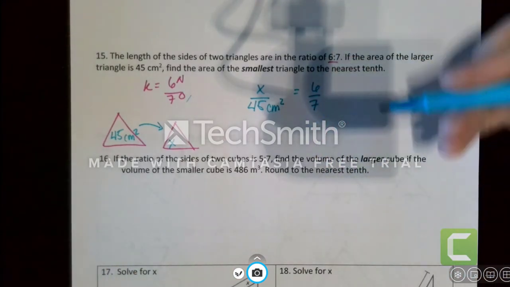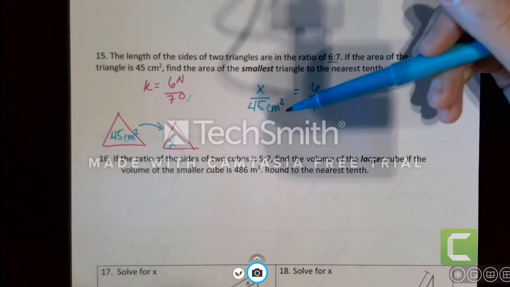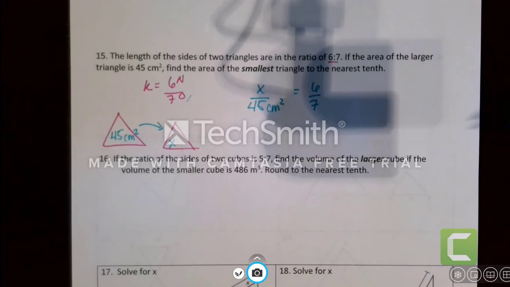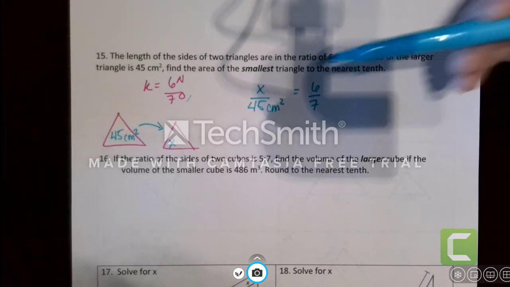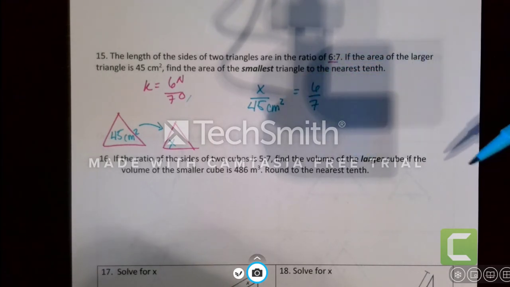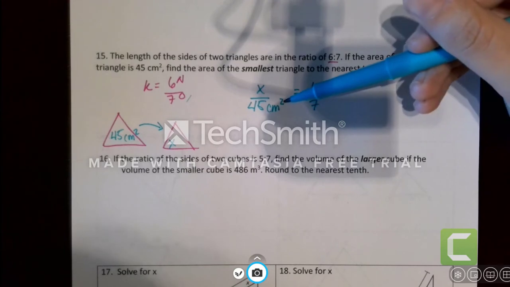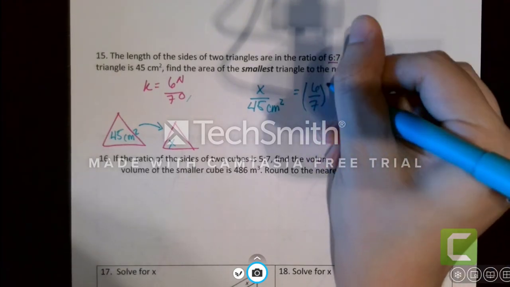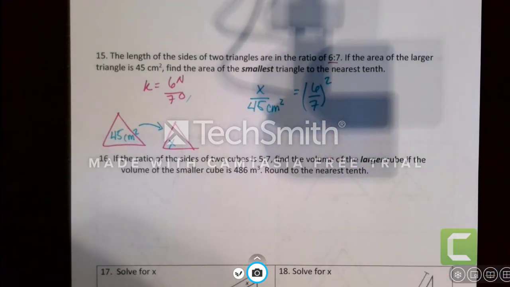Now the problem is that when we're working with area proportions, we need to match the units in a way. Notice here that your units are squared. Since my units are squared for area, that means your scale factor must also be squared.